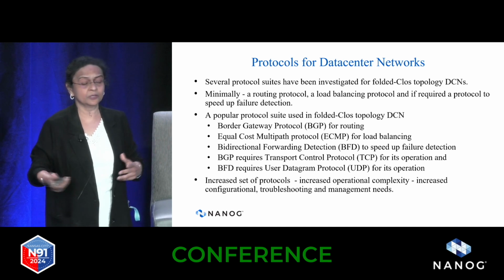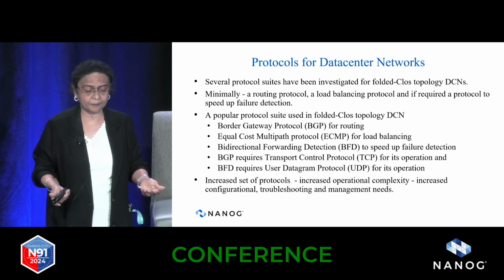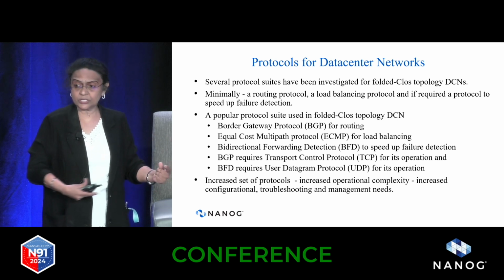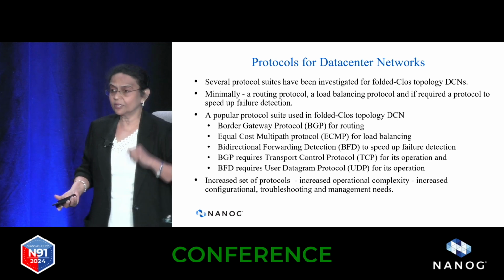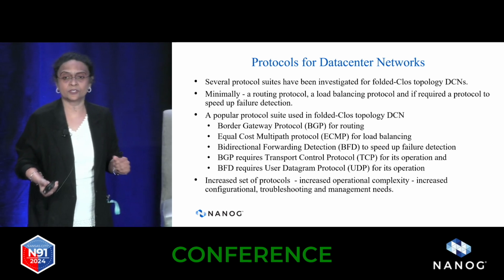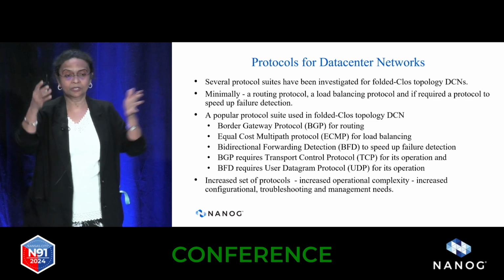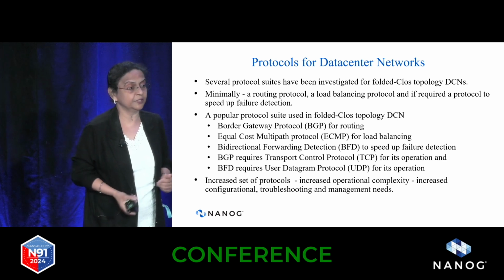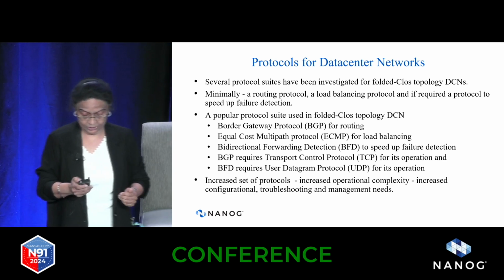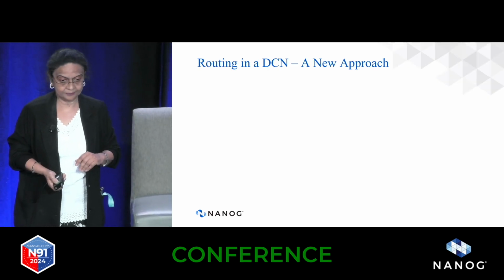All these protocols have to work with one another: increased operational complexity, increased configuration needs, troubleshooting, management, etc. At the end of this presentation, I'll capture the configuration needs for the mesh tree-based protocol and if you are going to be running this protocol suite. Increased energy, cooling, etc.